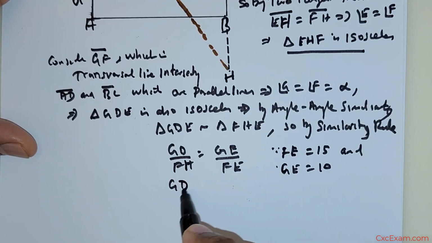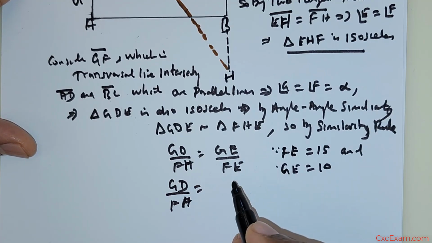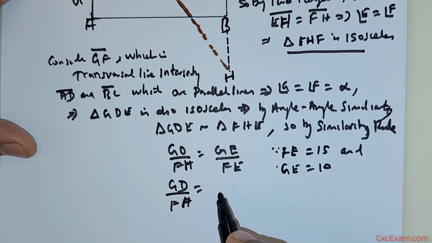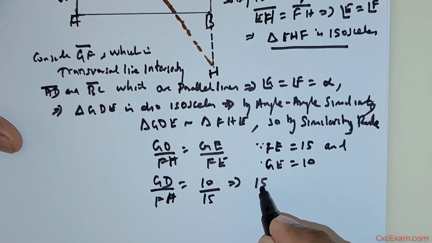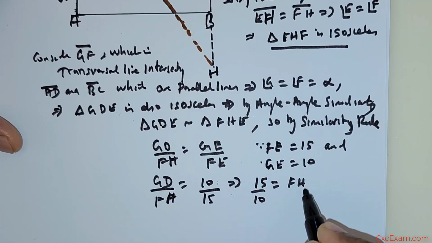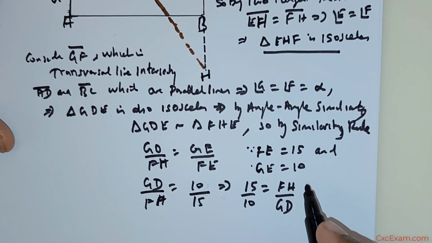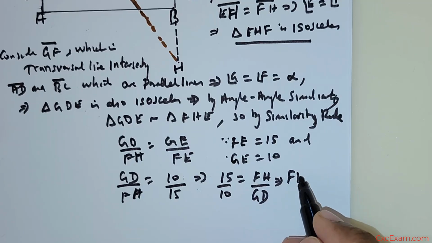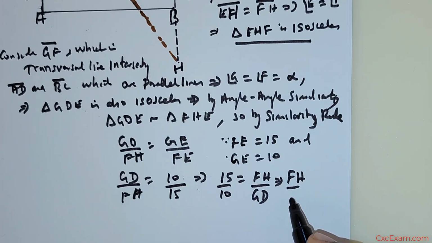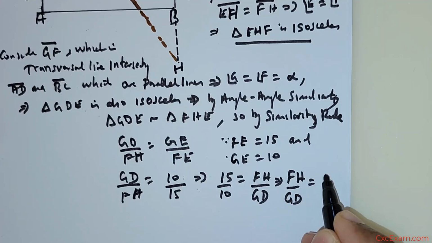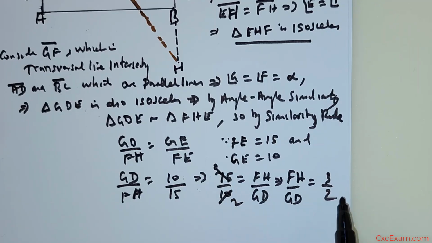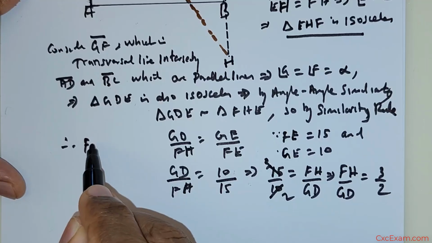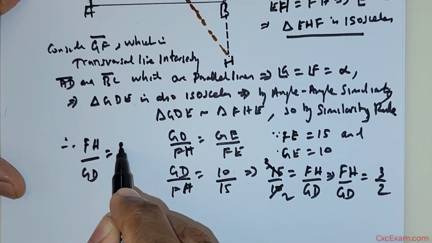So this GD divided by FH is going to be equal to 10 divided by 15. I'm going to rewrite this as 15 over 10 is equal to FH over GD. So this in turn means FH over GD is equal to, you can reduce this, 5 divides here 3 times, 5 divides here 2 times, 3 over 2. So this is what you got, FH over GD is in the ratio of 3 over 2.